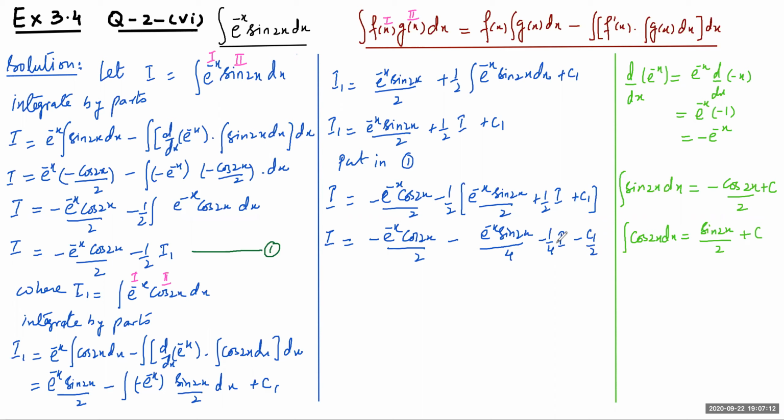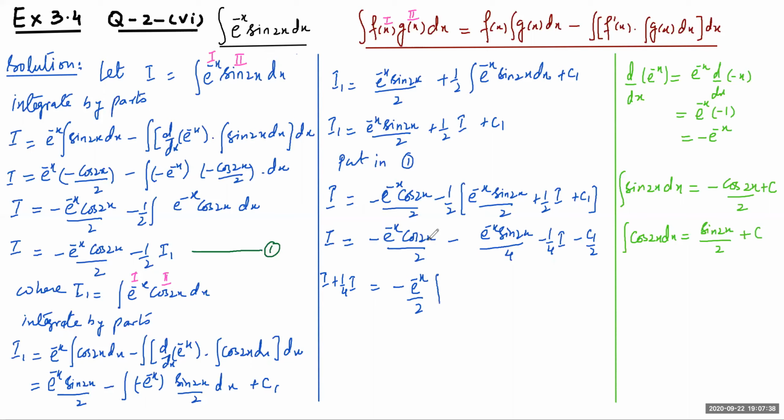Now bring this minus 1 by 4 I over this side. You will get I plus 1 by 4 I, and from these two terms I see that I can take, what can I take common? I can take minus sign common, I can take e to the minus x common, and I can take by 2 common.